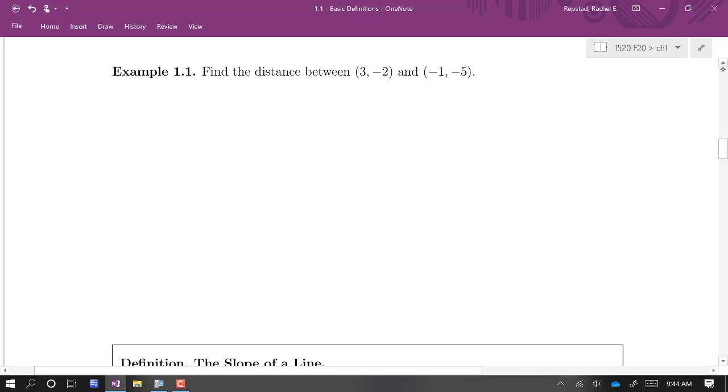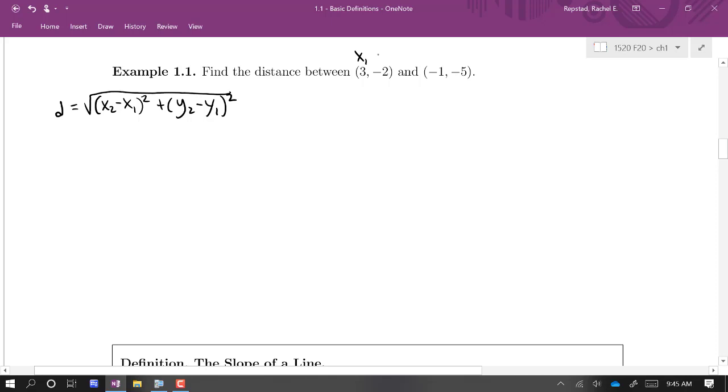So we're going to do an example. Let's find the distance between a couple of points: 3, -2, and -1, -5. I'm going to use this formula, so the first thing I'll do is write it down. Then I need to pick one of these points to be my x1, y1, and one to be my x2, y2. It really makes no difference.